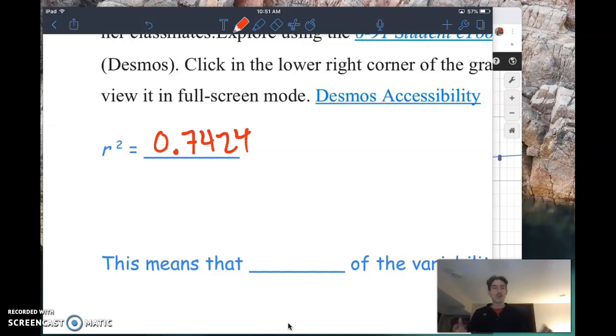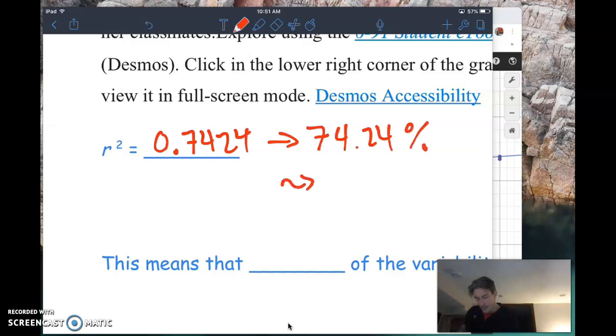And after we do that, I tell students to turn that into a percentage, right? Of course, you turn a number into a percentage by multiplying it by 100 and then round to the nearest whole percentage point. Okay, so here we go. If I take 0.7424, that's going to be 74.24%, which is about equal to 74%.